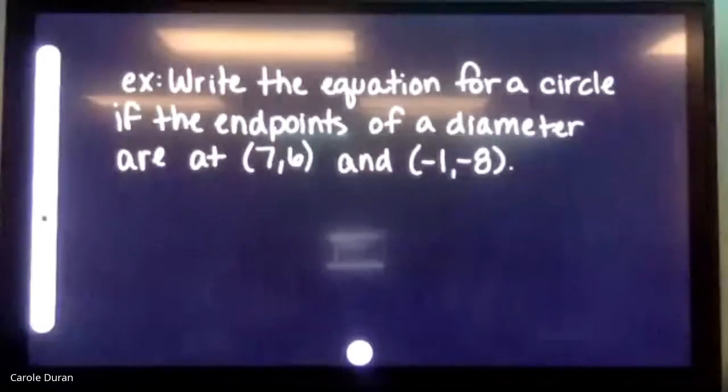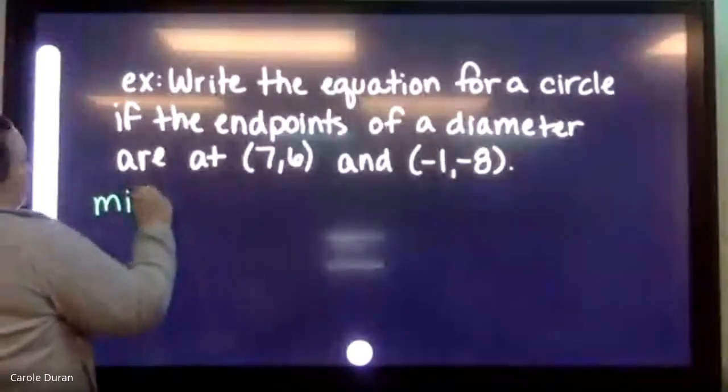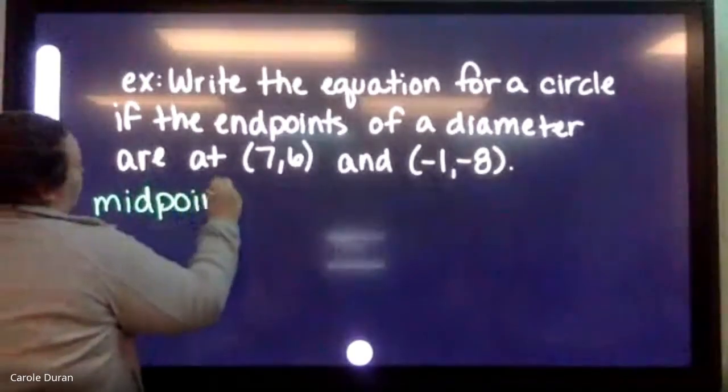That's very important because technically I could have a chord on the circle, but that wouldn't give me a midpoint, okay? So as Reese pointed out, a diameter goes through the center of a circle, and each of those endpoints has to be the same distance from the center, which means their midpoint, or halfway point, will be the center of my circle. So we're going to use that midpoint rule to find the center of my circle.